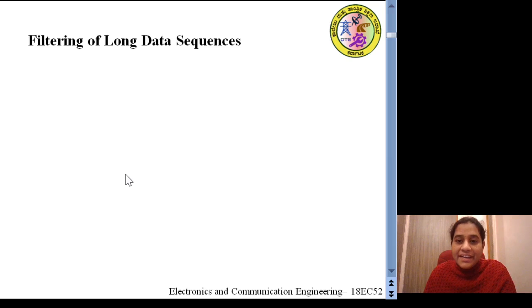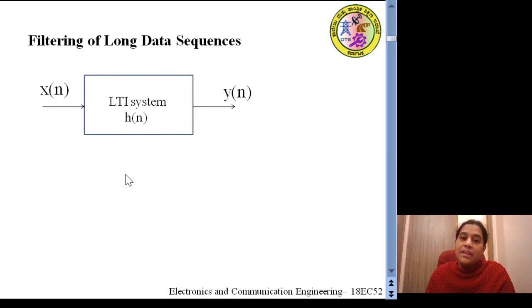Filtering of long data sequences. Again here, we are considering a linear time invariant system with system impulse response h of n, to which we are applying the input x of n. Output y of n is the linear convolution of x of n with h of n.